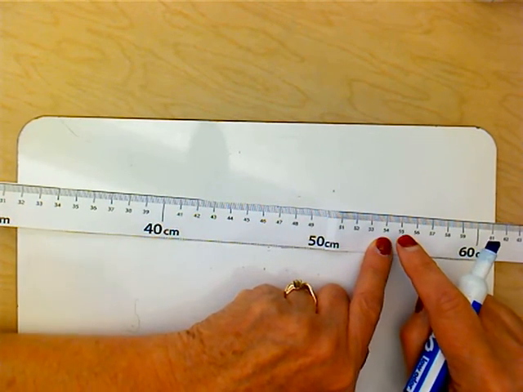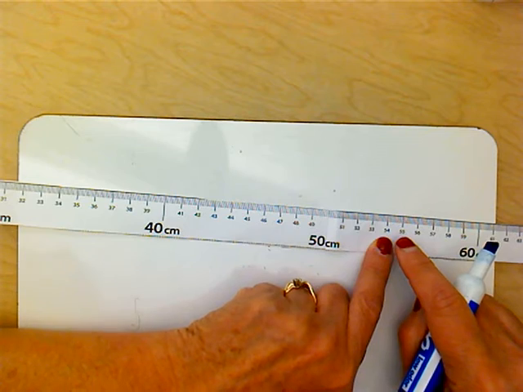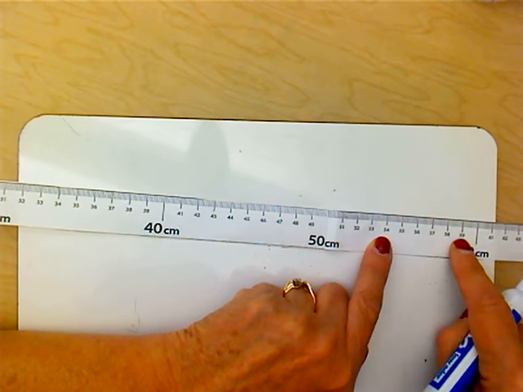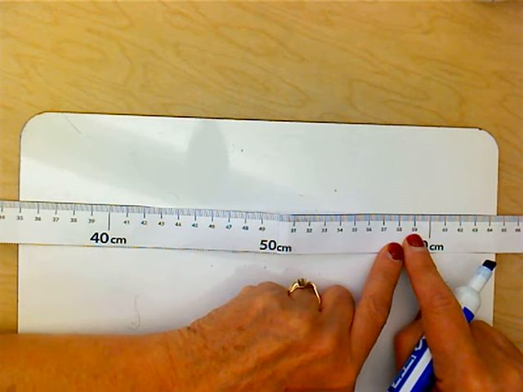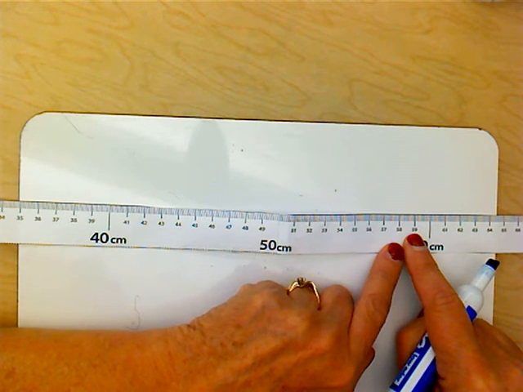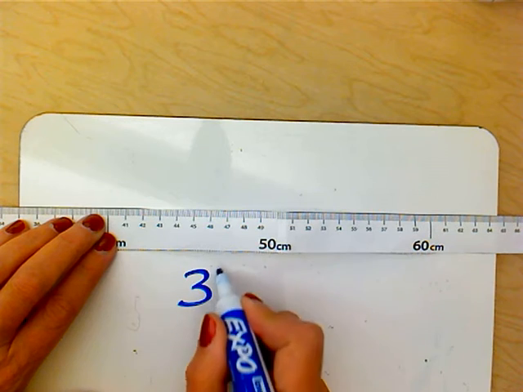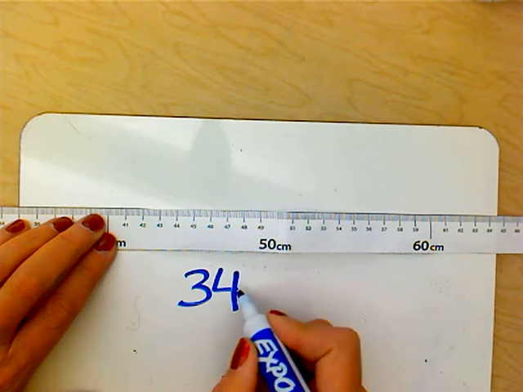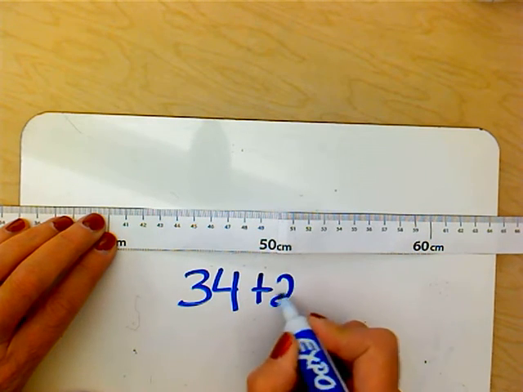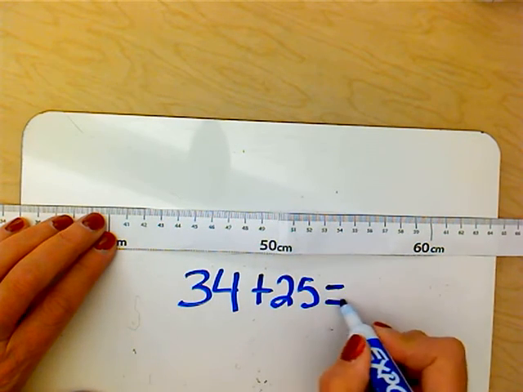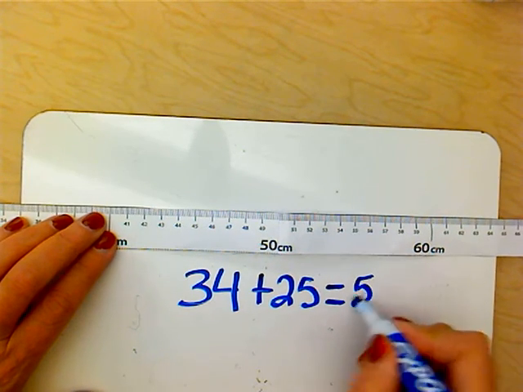So I needed to slide up 1, 2, 3, 4, 5, which put me at 59. If you got 59, congratulations. That would be 34, and I had to slide up 25. So I went up 2 tens and a 5, which made me land on 59.